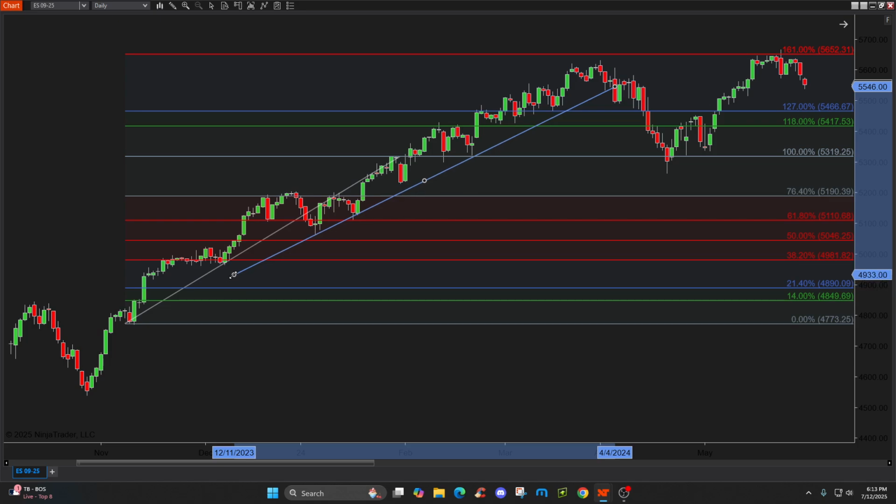What I was taught was the best trend lines are the ones with the most hits. And we're looking at something like that. So every time we hit this trend line, you could have bought again, added to your position, whatever.